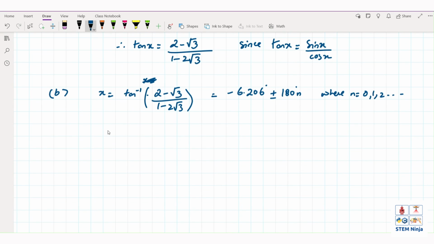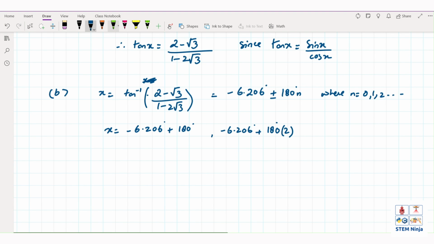Now, for the solutions of x, minus 6.206 itself isn't acceptable, but we can add 180 once or twice to get that into the range. So minus 6.206 plus 180 degrees, and minus 6.206 plus 180 times 2, basically following this rule over here.